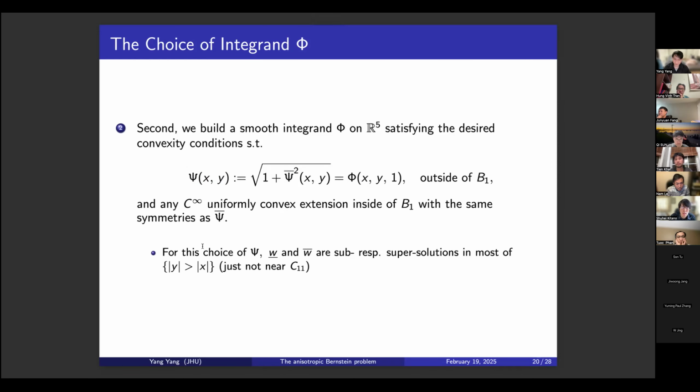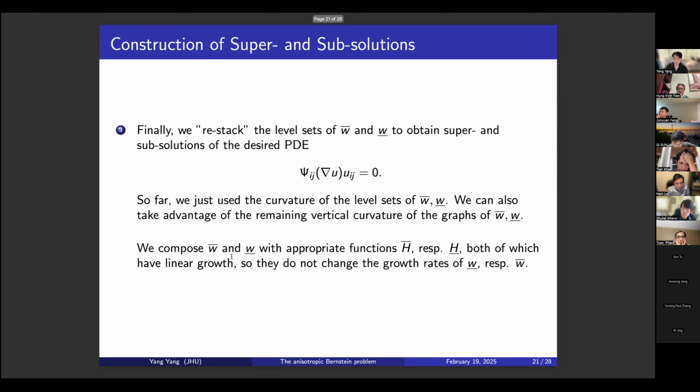In order to fix this issue, so far we just take advantage of the curvature along the level sets. So we still have one remaining vertical curvature we didn't take advantage of. The way we do this is we stack the level sets of W subbar and W superbar.